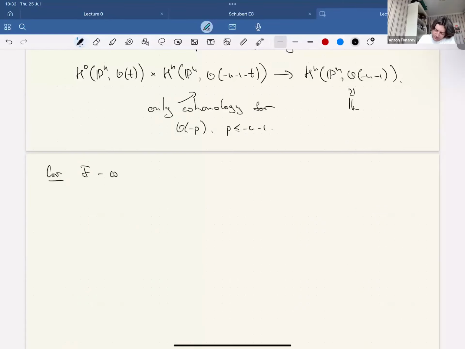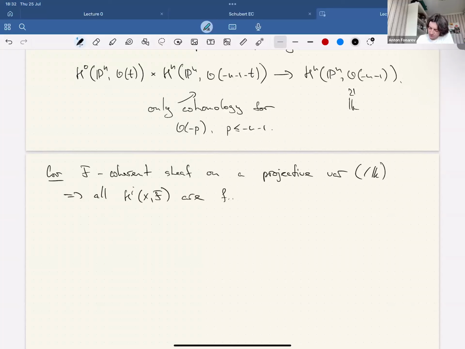If F is a coherent sheaf on a projective variety, well, say over a field, then all cohomology groups are finite dimensional vector spaces.